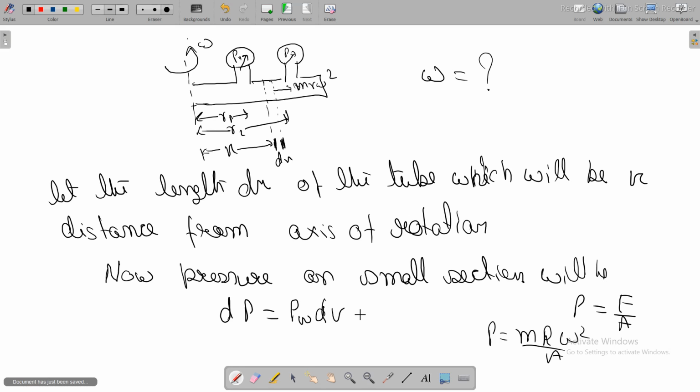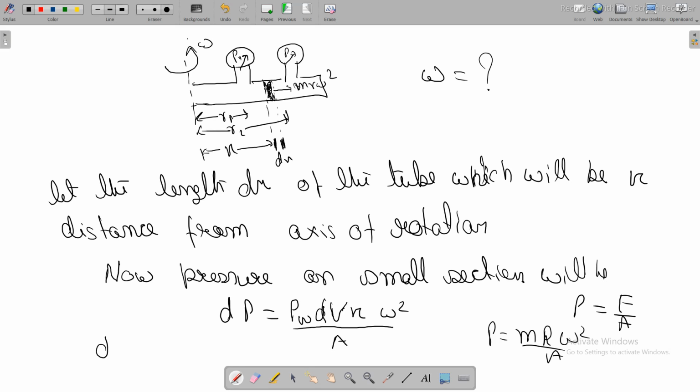And the radius will be the distance from the axis of rotation, so this will be x, and this will be omega square. Now let the area of this small section be A, because there is no effect of area.